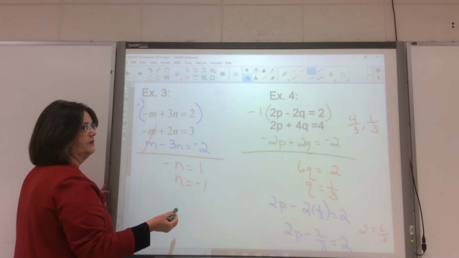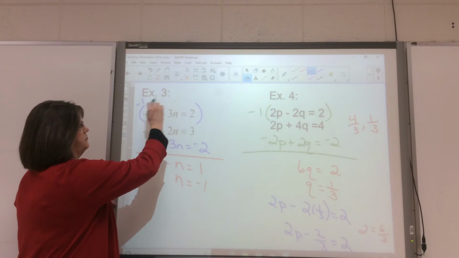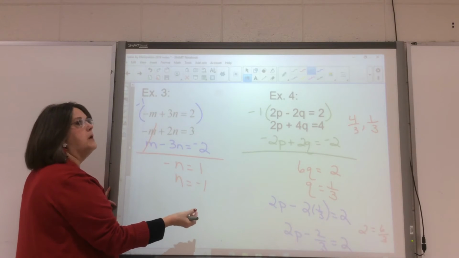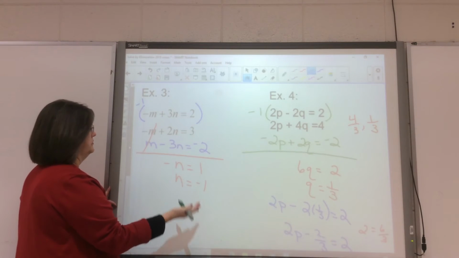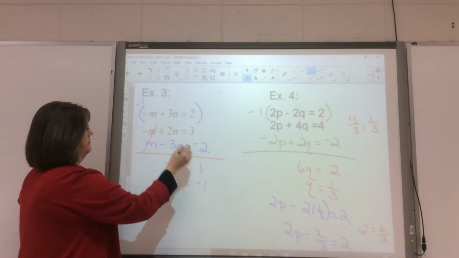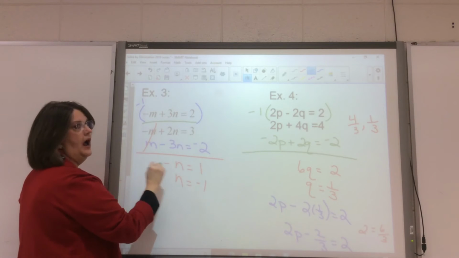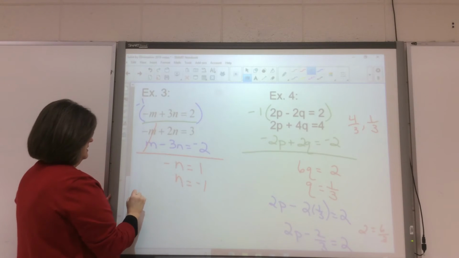The reason I say original is because it will become apparent if you made a mistake right here. If you made a mistake distributing, you'll find your mistake, or most likely will find your mistake here. So anyway, n is equal to -1, so I'm just going to go into this one. No good reason why I could not have gone into this one.